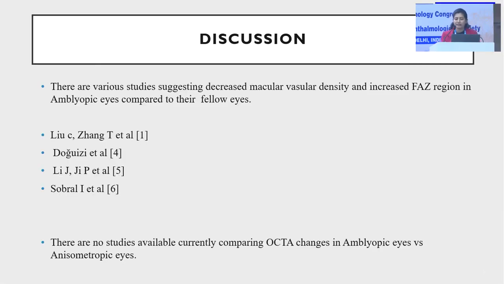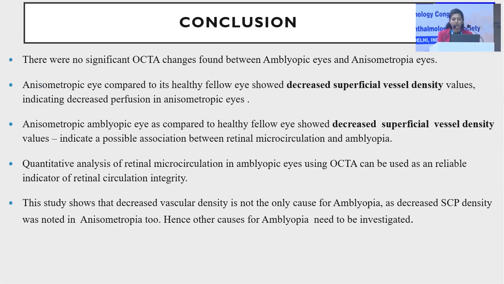There are various studies suggesting that there is decreased macular vascular density and increased FAZ region in the amblyopic eyes when compared to their fellow eyes. But there are no studies currently available that compare the OCTA changes in the amblyopic eye versus the anisometropic eyes. So we concluded that there were no significant OCTA changes found between amblyopic group and the anisometropic eyes.